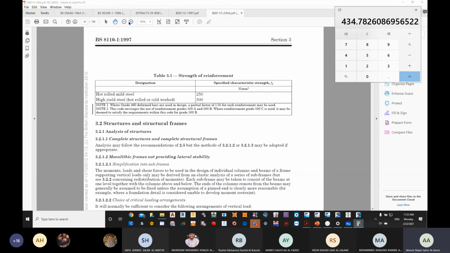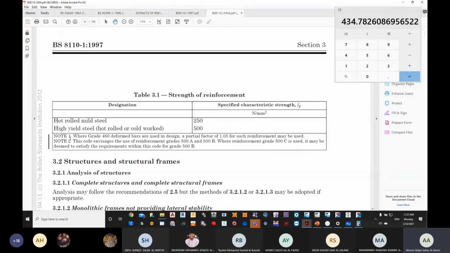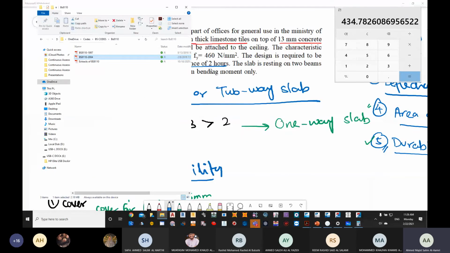It says here in note number 1, where grade 460 deformed bars are used in design, a partial factor of safety of 1.05 may be used. So if 500, the factor of safety is 1.15; if 460, it's 1.05. Using either will be fine as long as the effective stresses are almost similar. One is 434, another is 438.